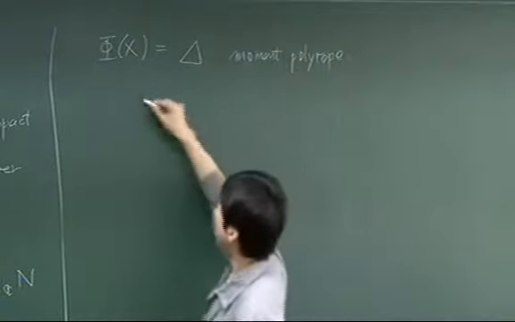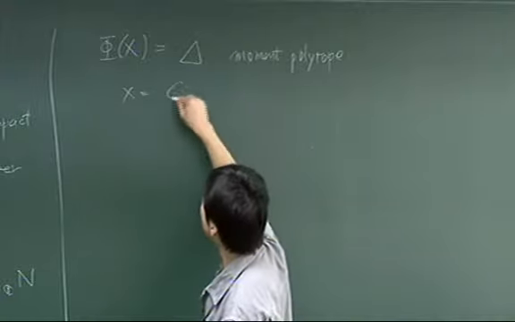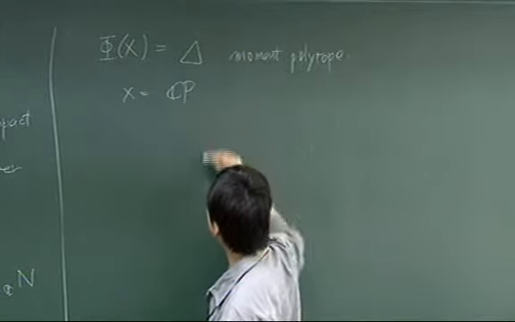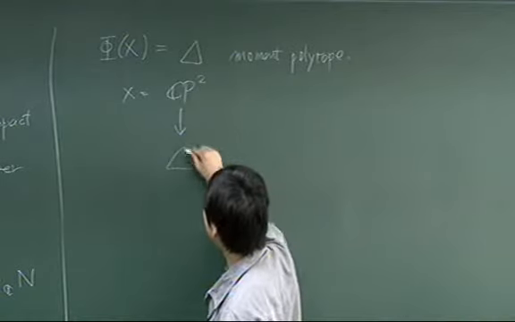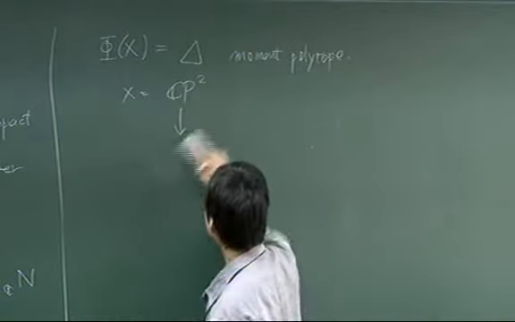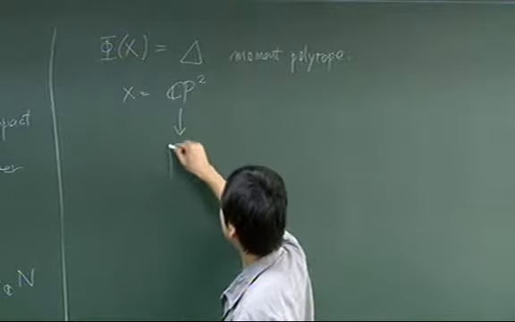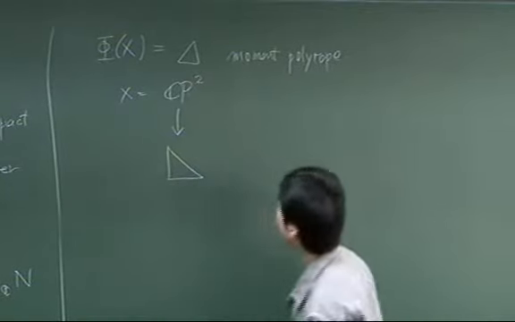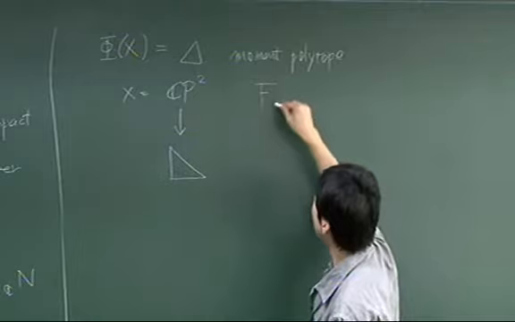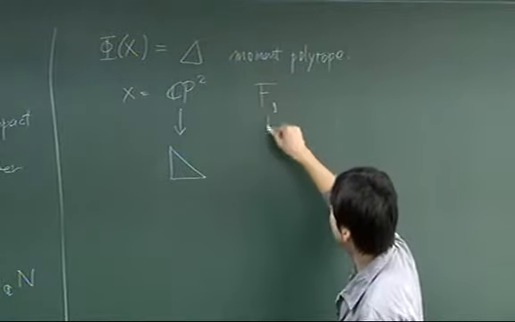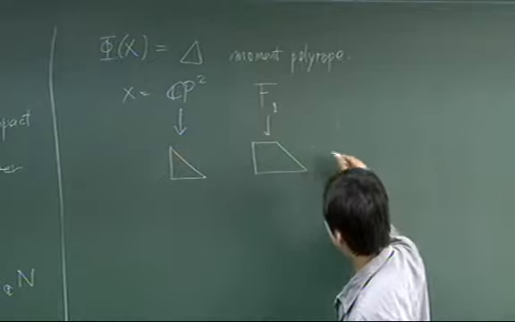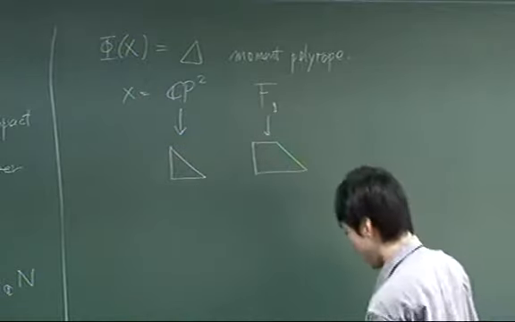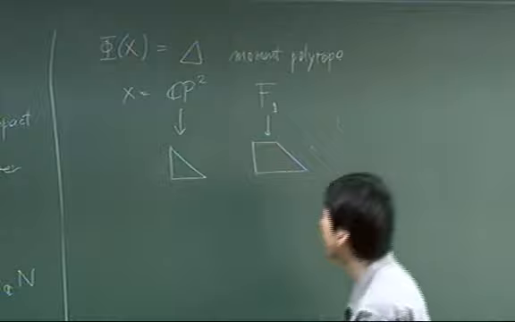For example, if X is CP^2, then its image is just a triangle. Or for an irreducible surface of degree 1, its image is something like this. And so on.